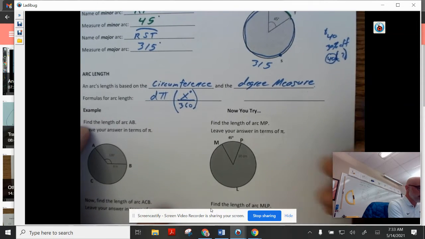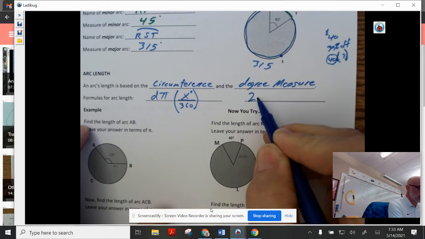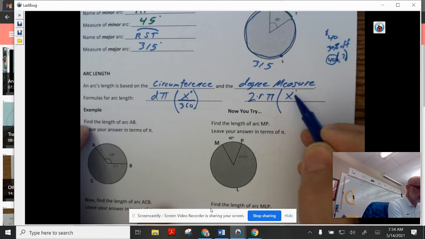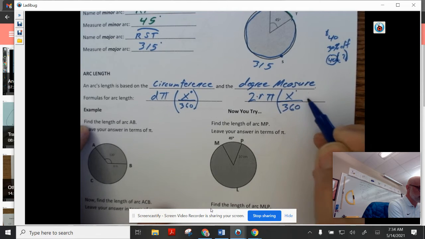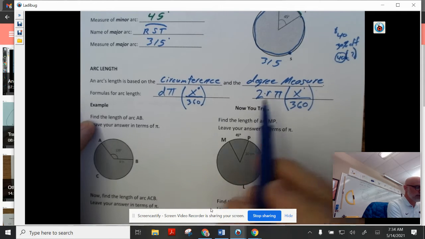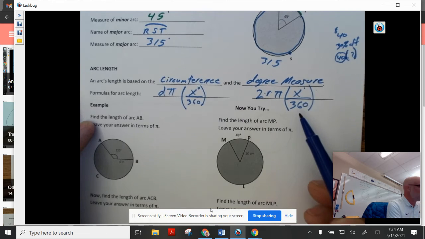Okay. Another way we could look at it, instead of doing d pi, we know that diameter is 2 times radius. So this formula right here is basically the same thing. All right, those are the same thing. However you're figuring the circumference out, the entire distance around, you're going to multiply by that percentage.